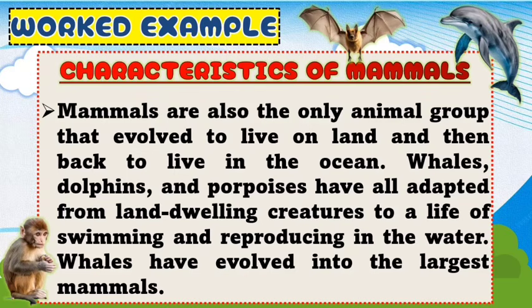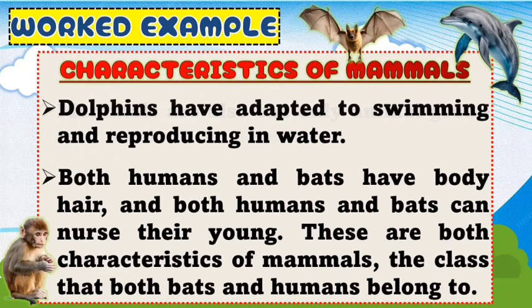Whales have evolved into the largest mammals. Dolphins have adapted to swimming and reproducing in water. Both humans and bats have body hair, and both humans and bats can nurse their young. These are both characteristics of mammals, the class that both bats and humans belong to.